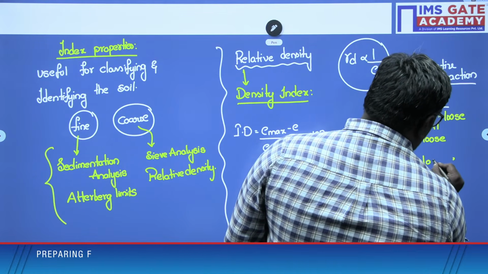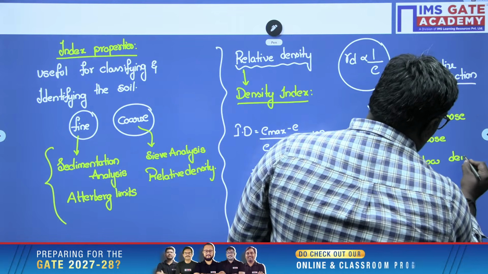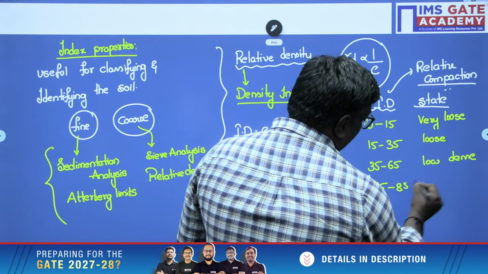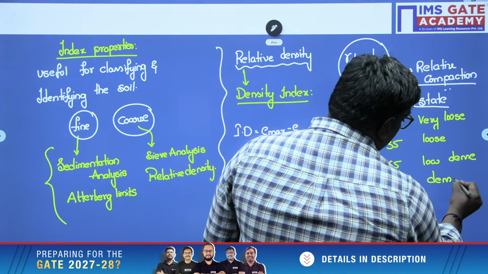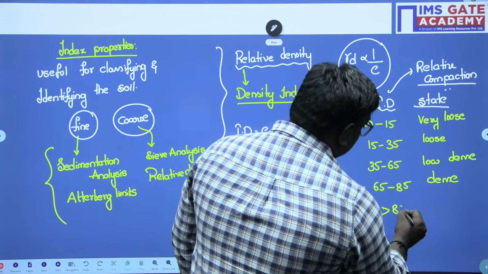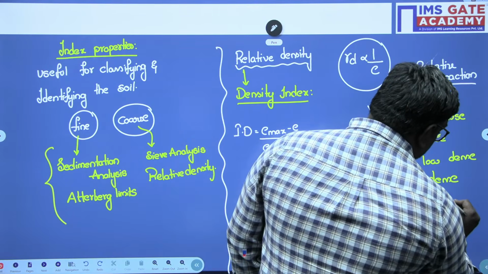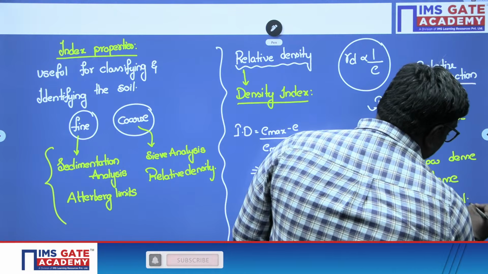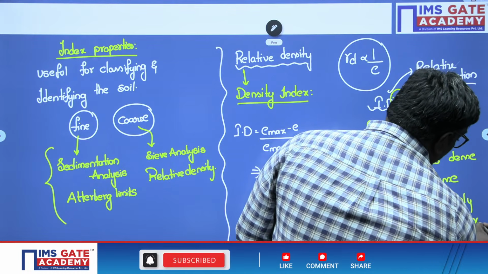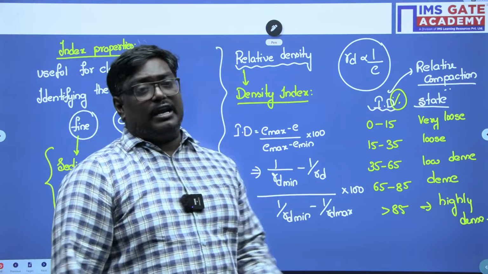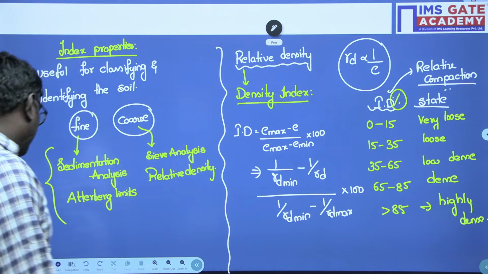If the relative density is 65 to 85, we call it medium dense. More than 85 percent is highly dense. This is everything in percentile. So relative density helps you classify the coarse grained soils, and it also gives a rough idea about the relative compaction.